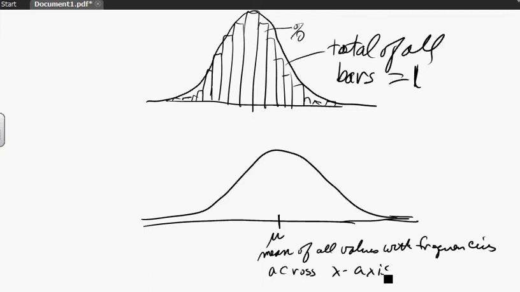Okay, so your mean might be 100, and you've got a bunch of values this way and a bunch of values this way, and 100 will happen 33% of the time, and 101 will happen 27% of the time, and you'll be able to figure out a mean of all of those values across the x-axis and their proportions. That mean is going to be right there at the center, to represent the high peak of this distribution. Does that say mean of all values with their frequencies across the x-axis.